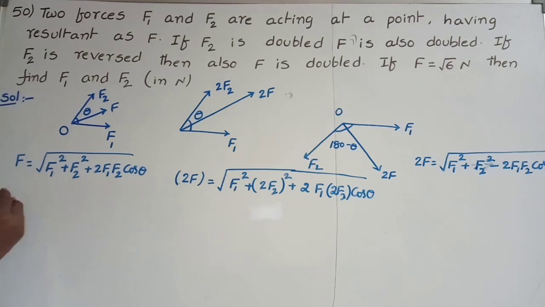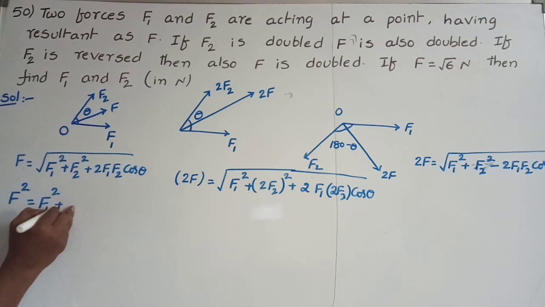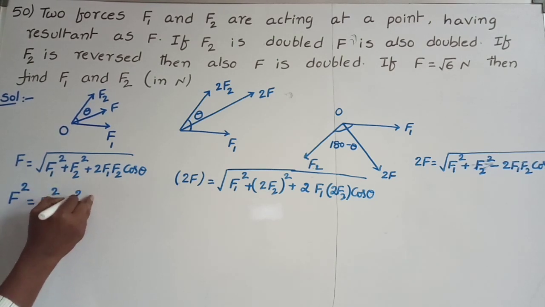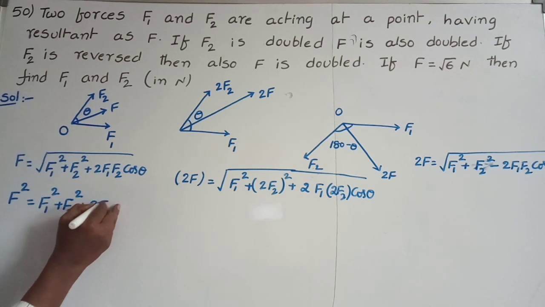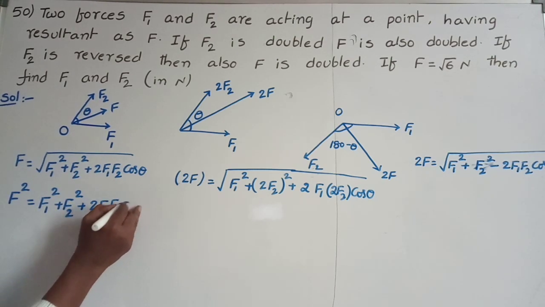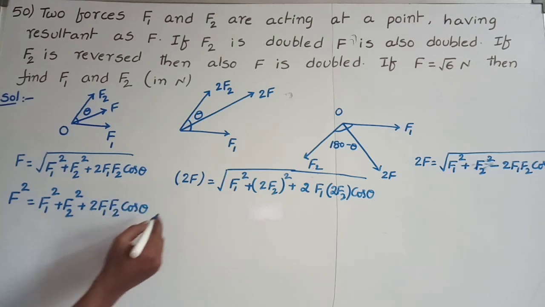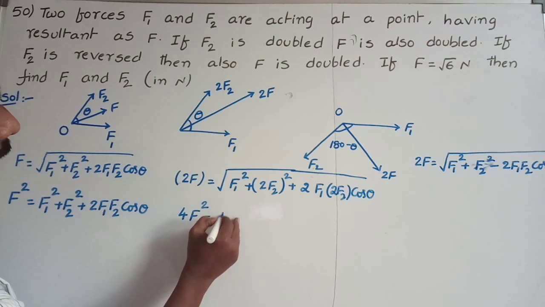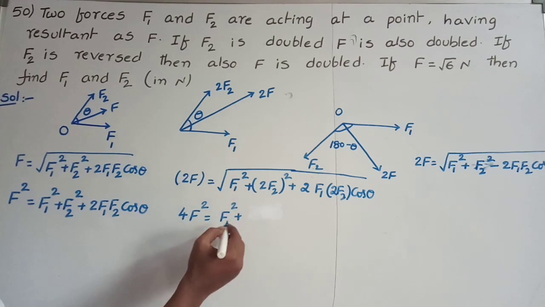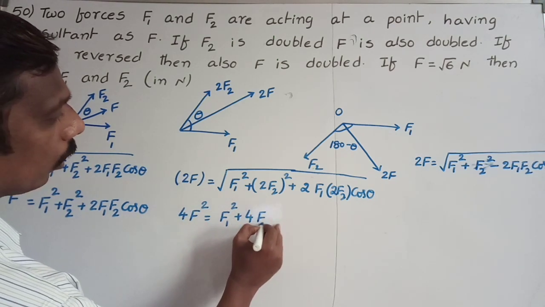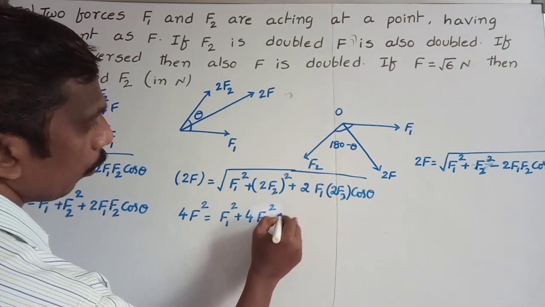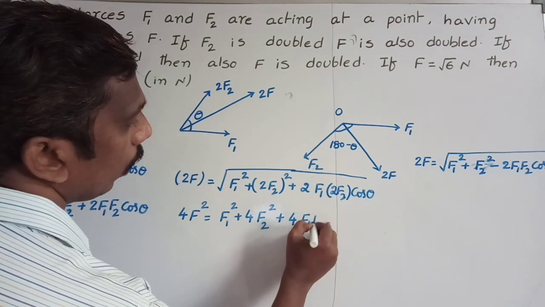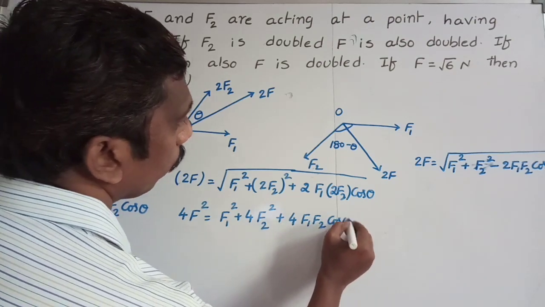From this, squaring on both sides, we get F square is equal to F1 square plus F2 square plus 2F1 F2 cos theta. Here 4F square is equal to F1 square plus 4F2 square plus 4F1 F2 cos theta.